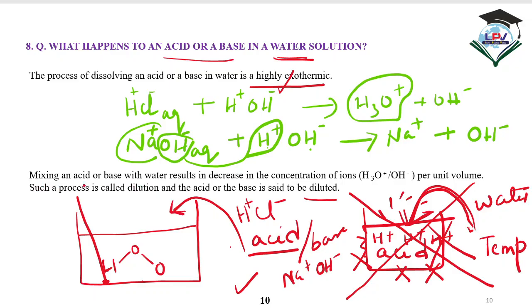It means that there is a decrease in the concentration of H3O plus or OH minus ions per unit volume. Let me explain the process of dilution. Take a beaker, first add water to it. Now you have water. Then you have added acid.